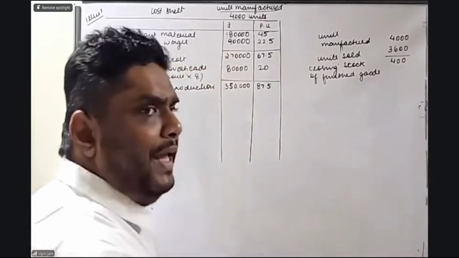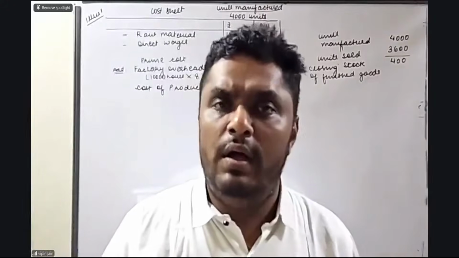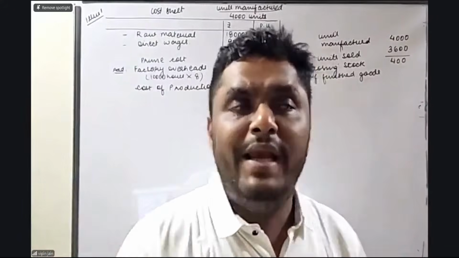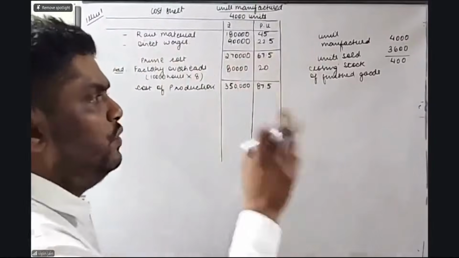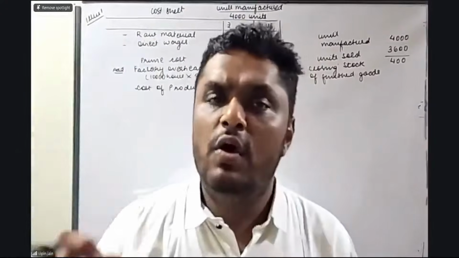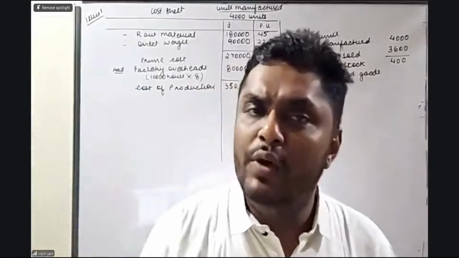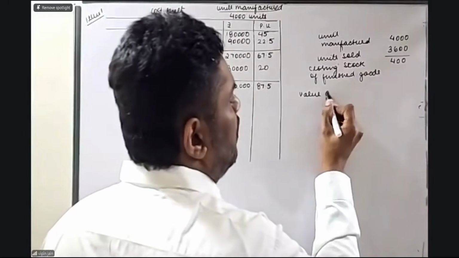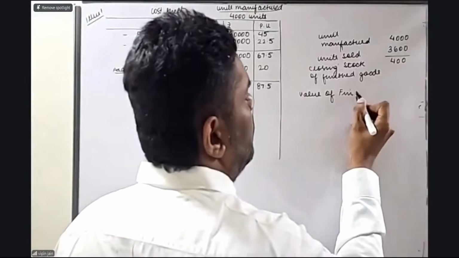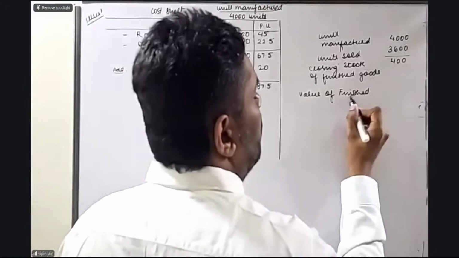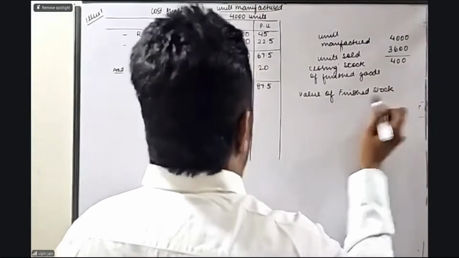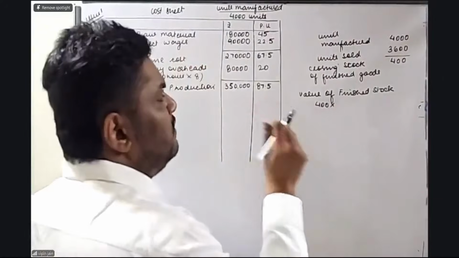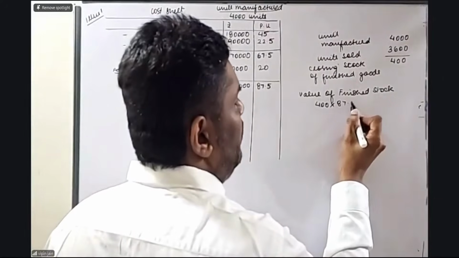As I have mentioned in the previous session, finished stock is always valued at cost of production, assuming the FIFO method. So what will be the value of finished stock? That is 400 units into my cost of production, 87.5.